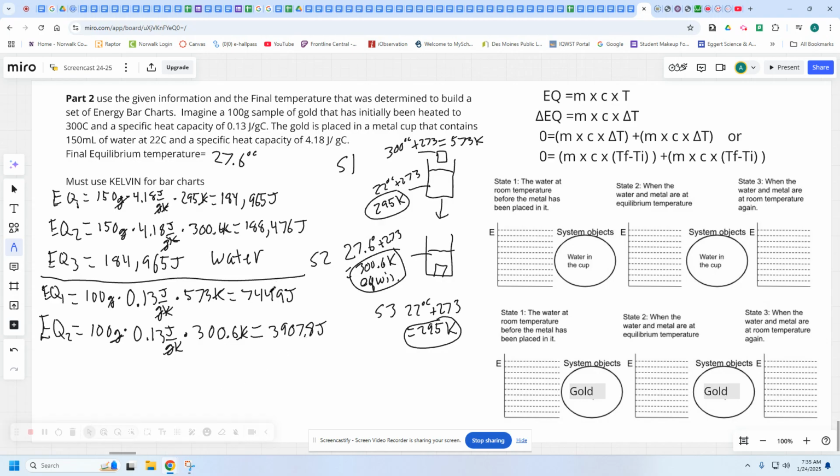So there's a decrease from state 1 to state 2, which makes sense because you had a sample of hot gold placed into cool water, and energy transfers from hot to cold, so you'd expect that to decrease. And then finally, EQ state 3, same thing, 100 gram sample.